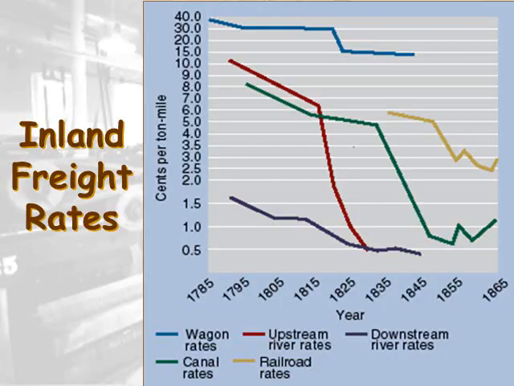Because either you're going to have to pay for the shipping cost as the producer, or you're going to have to charge your customer more money to cover the shipping cost, and they're not going to buy it because it's too expensive. So having a decrease in shipping prices is a huge advantage, and a huge catalyst in why the market economy continues to grow in this time period.